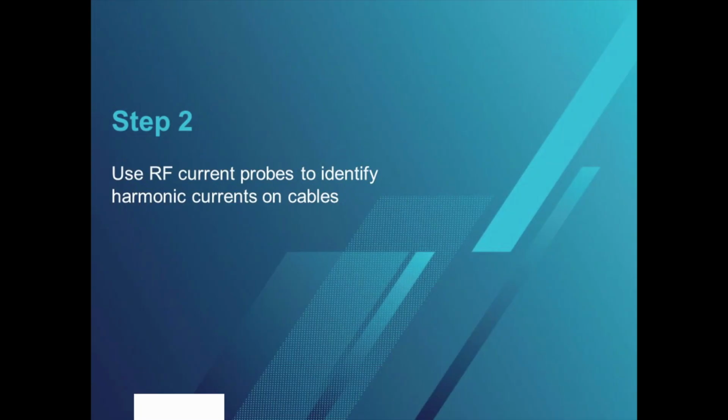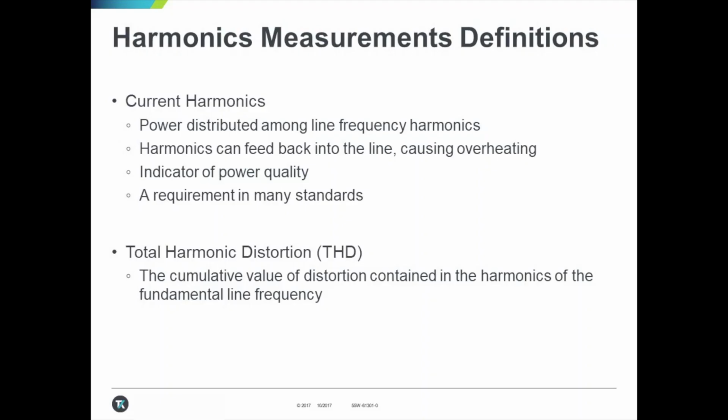Now that we've covered step 1 with near-field probes, I'm going to start talking about using RF current probes to identify harmonic currents along cables and I/O ports. Current harmonic measurements are the amount of power distributed among harmonic multiples of the line frequency. These harmonics can feed back into the line, causing power equipment overheating.